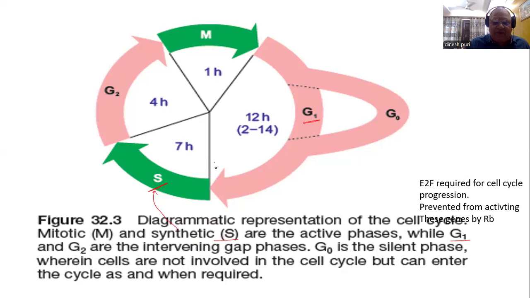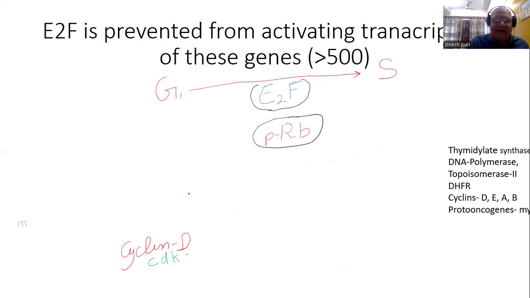And the G1 checkpoint is when the transition from G1 to S occurs, the entry into the synthetic phase. So we are saying that RB guards this point.